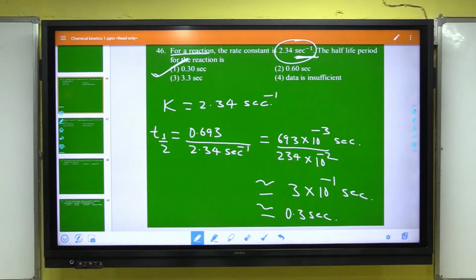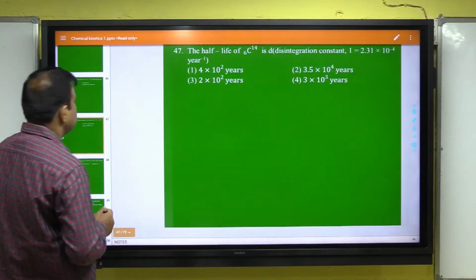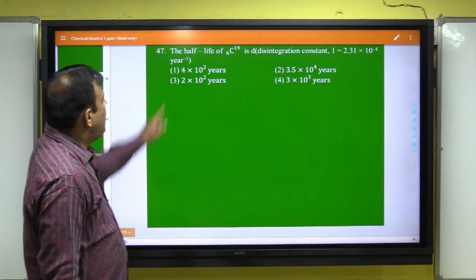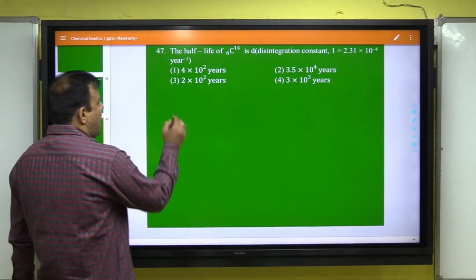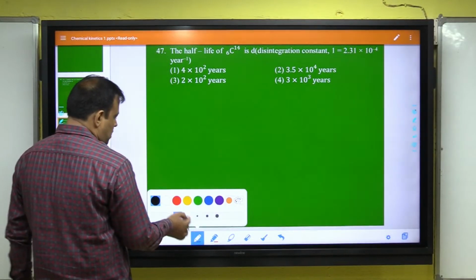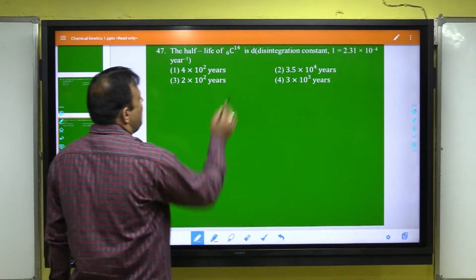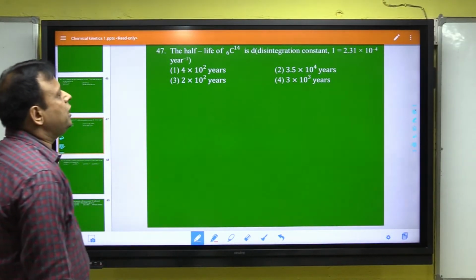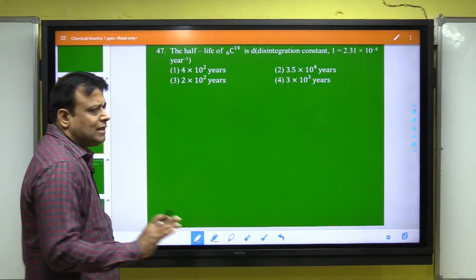Now, question number 47. Listen, the half-life period of carbon-14, look at the board. The half-life period of carbon-14 is equal to the disintegration constant.